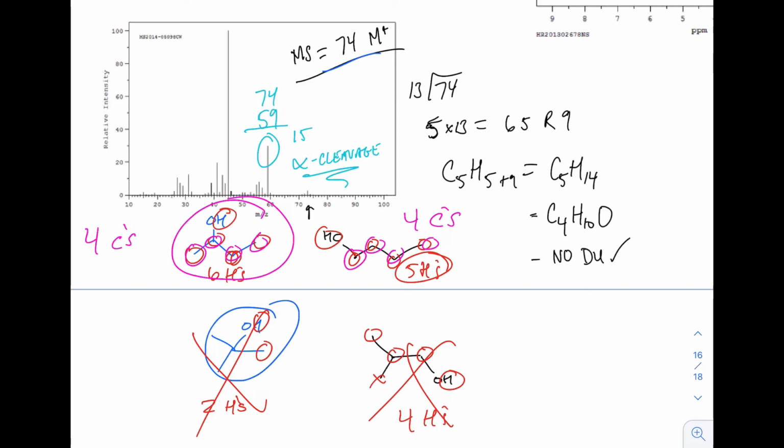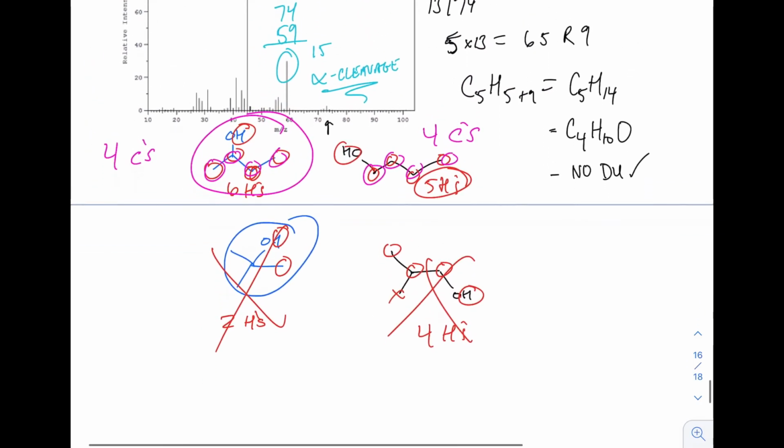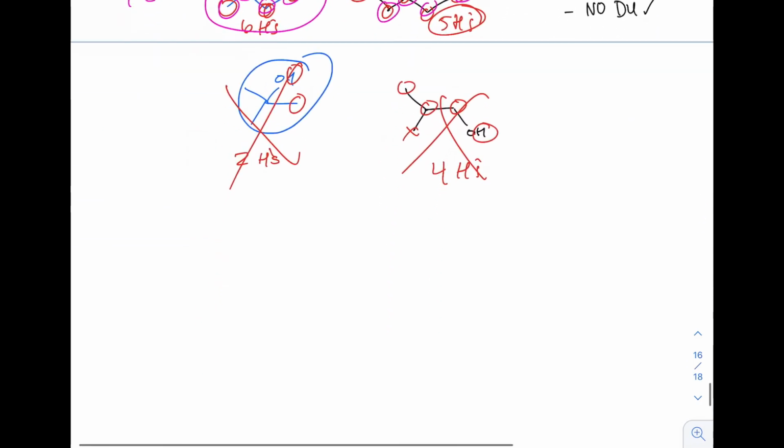Boom. All right, so which one of these will undergo an alpha cleavage and give you a mass of 59? And drum roll, please. What we've got here is not failure, but success. Boom. Cleave that. Remember that CH3 radical, that's got a mass of 15.